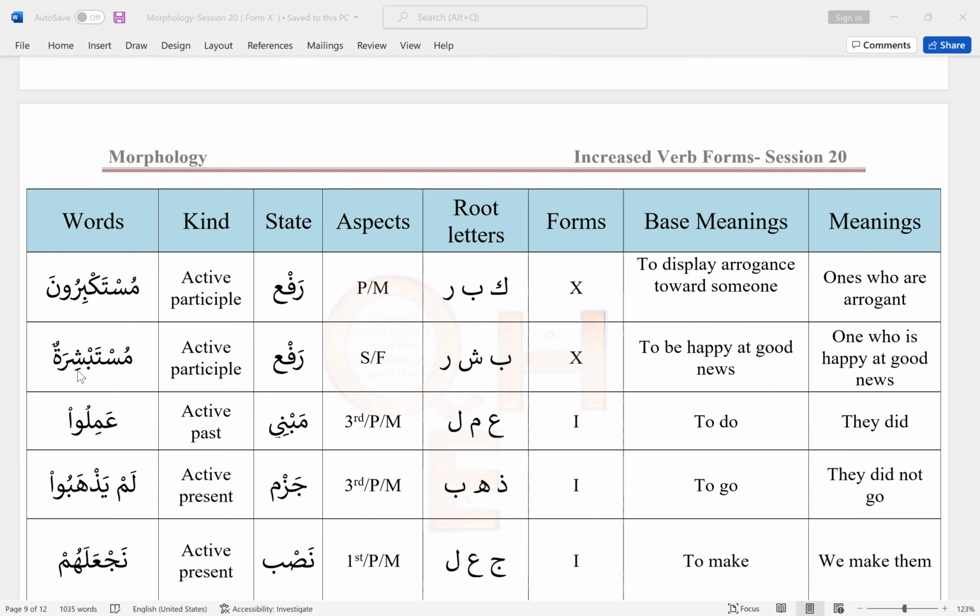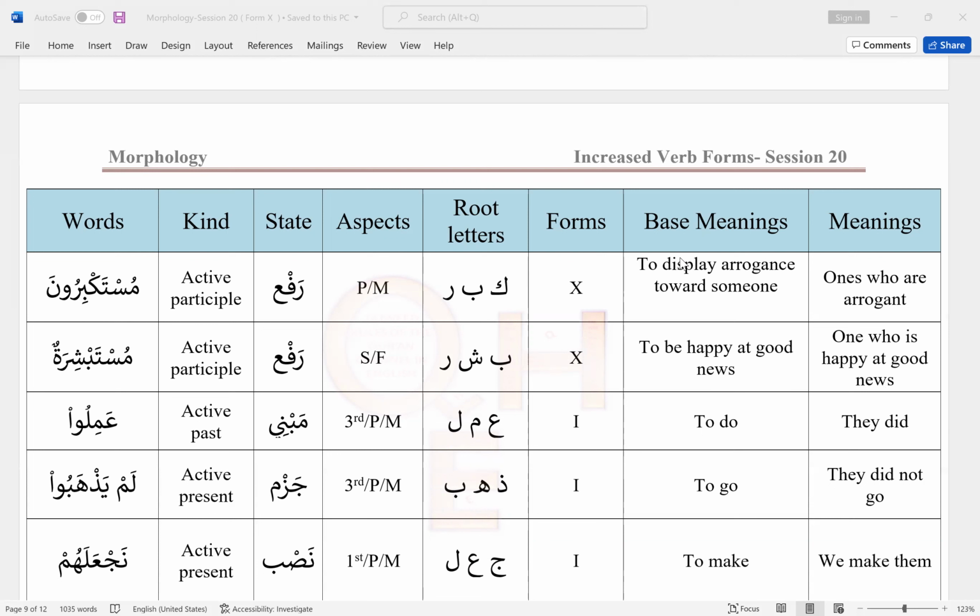Next one, mustabshiratun. Like mustansirun, this is active participle, but we have ta marbuta at the end, so this is singular female. Ba, shin, ra are the root letters. The base meaning is to be happy at good news. So we're going to say one who is happy at good news.